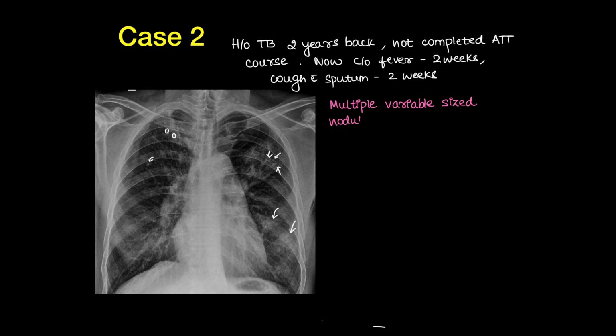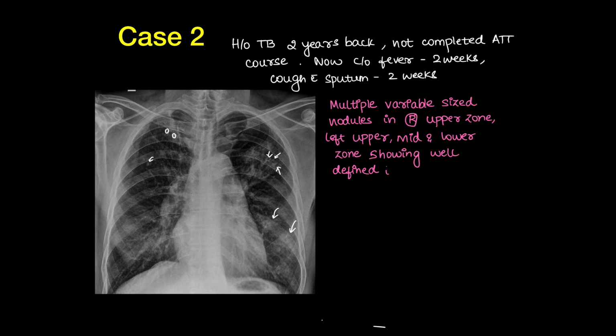There are multiple variable-sized nodules in the right upper zone and left upper, mid and lower zones, showing well-defined irregular margins. No calcification is visible on chest X-ray.